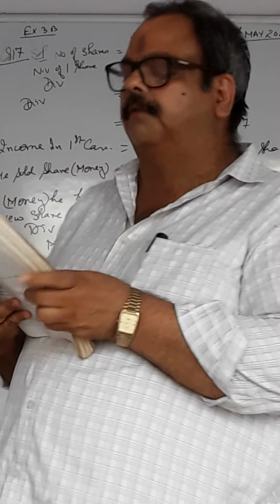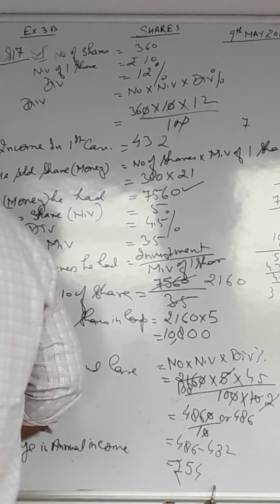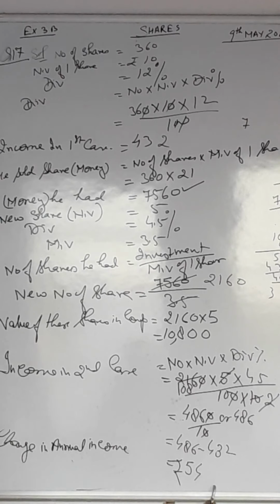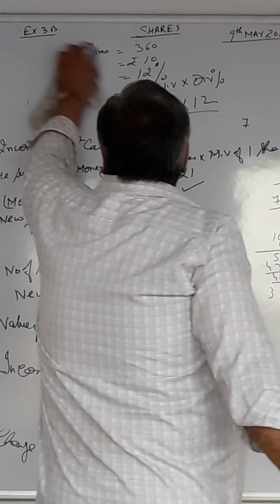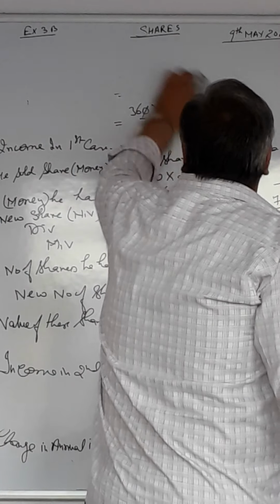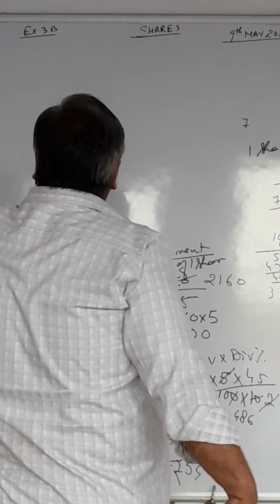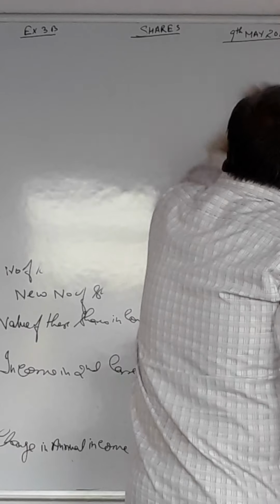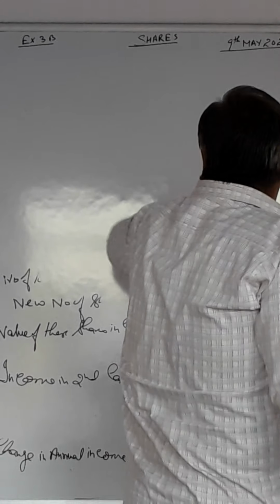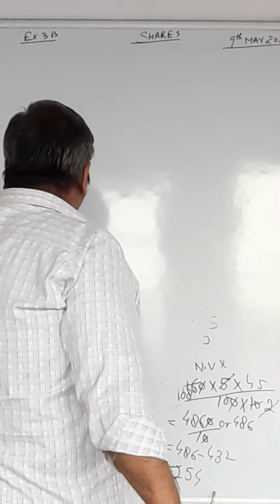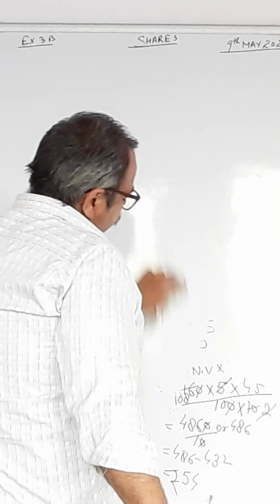Read carefully question number 9, then we will start. It is a board question, it has been asked in board. Fear of board will be over by doing all the board questions.